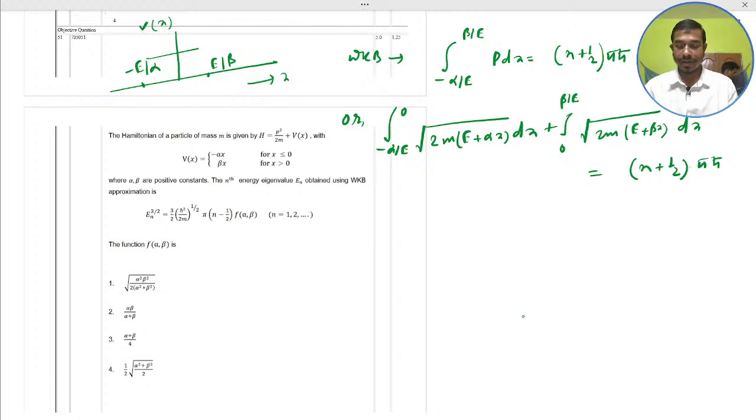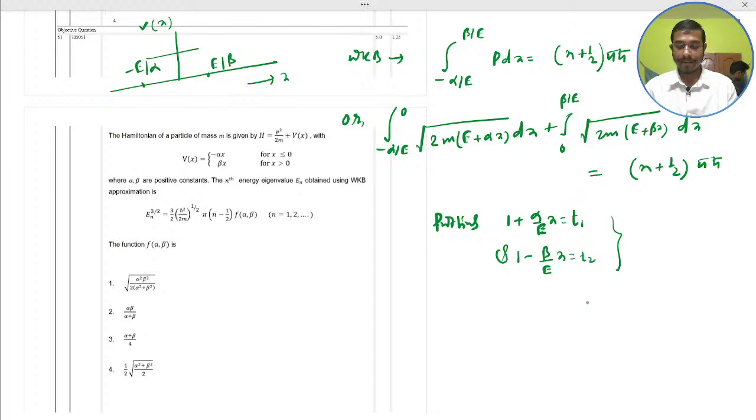So solve this integral by putting 1 plus alpha by e x as t1, and 1 minus beta by e x as t2.